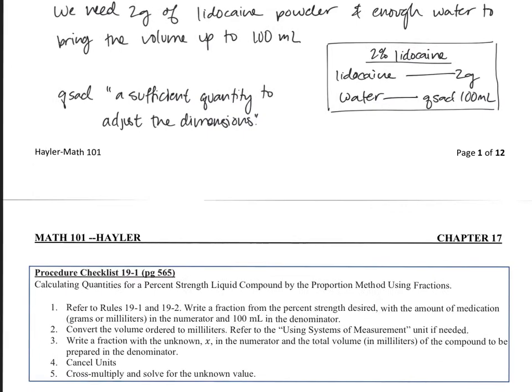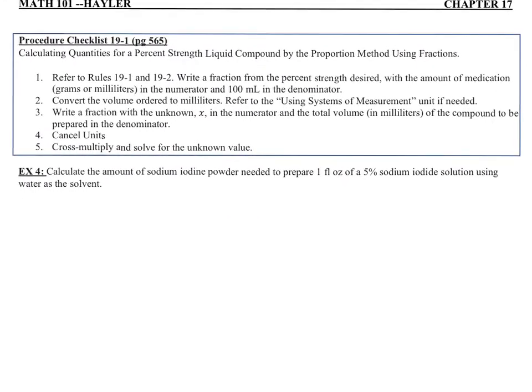Next, the procedure checklist, called 19.1. This is for calculating quantities for a percent strength liquid compound using the proportion method. While doing this, we refer to the rules we just went over.